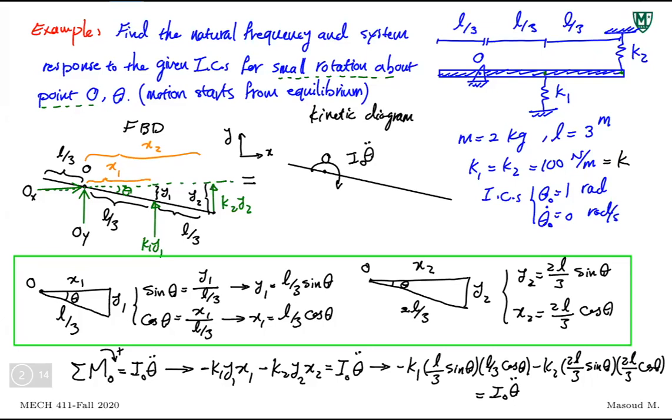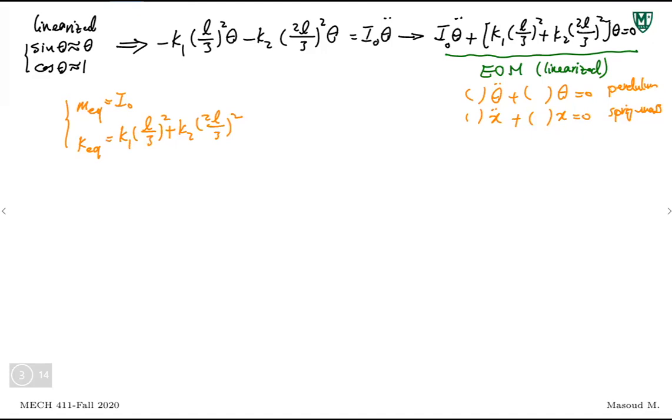I can simplify this: K comes out, then we have L squared over 9 plus 4L squared over 9, which becomes 5 L squared over 9, times K. So I have the equivalent of mass and the equivalent of stiffness.